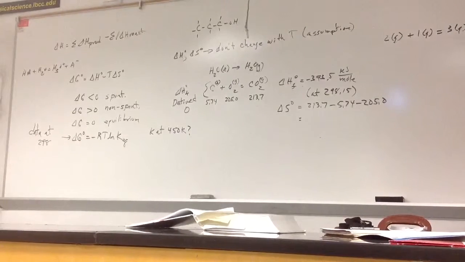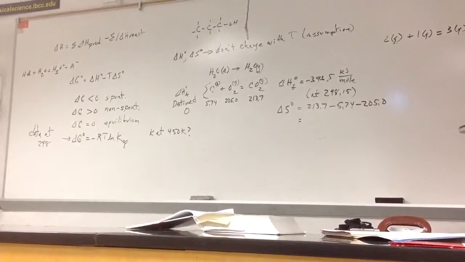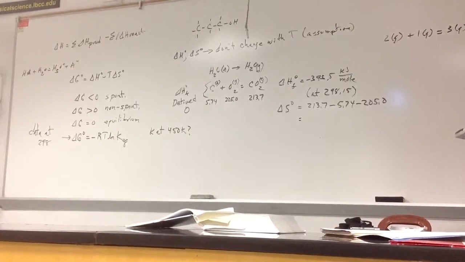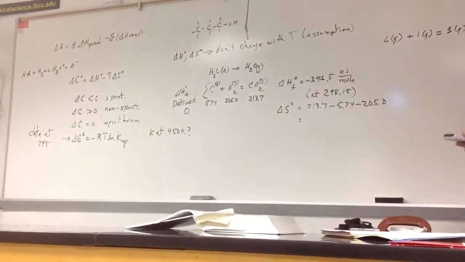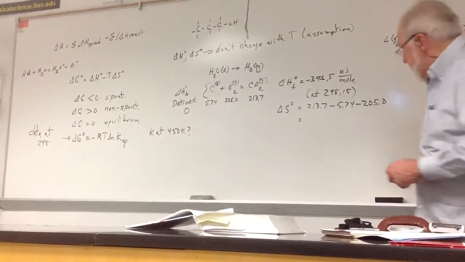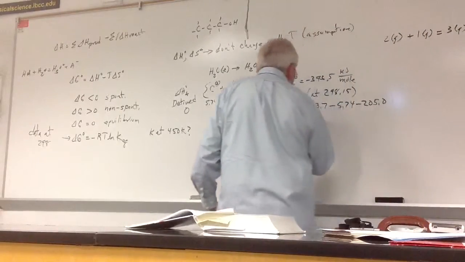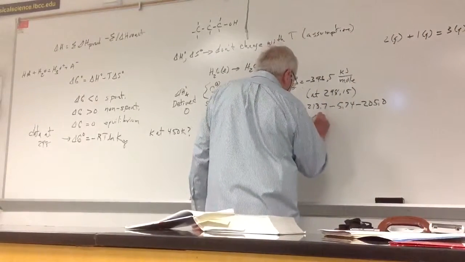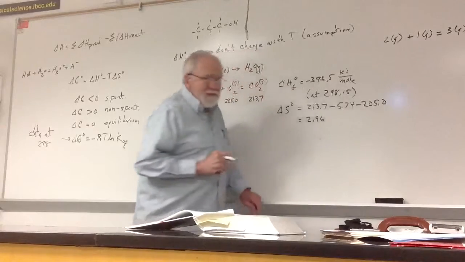Okay, coming back to this thing. I could have subtracted by hand this time. Of course, I might not have gotten the right answer. This comes out to be plus 2.96. Units.